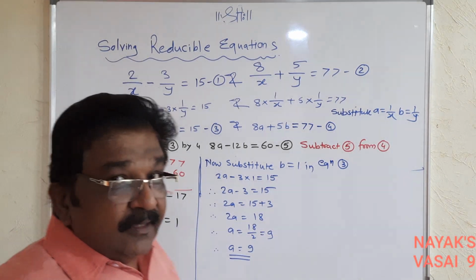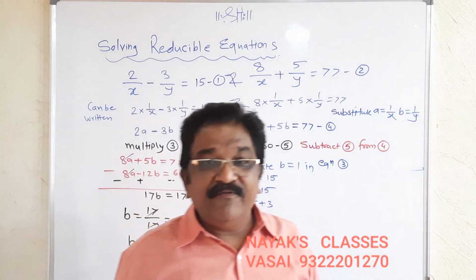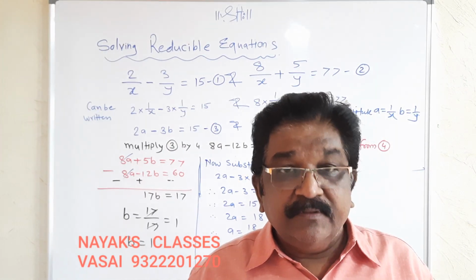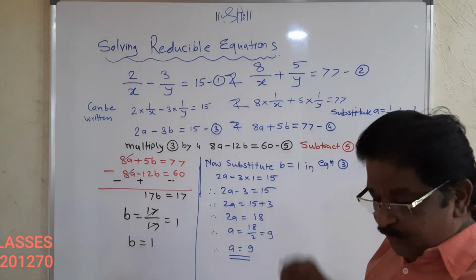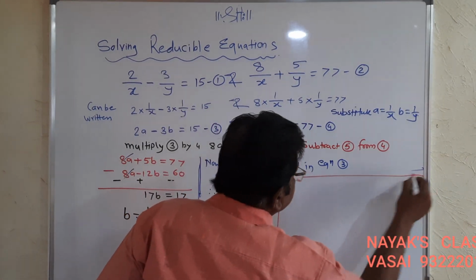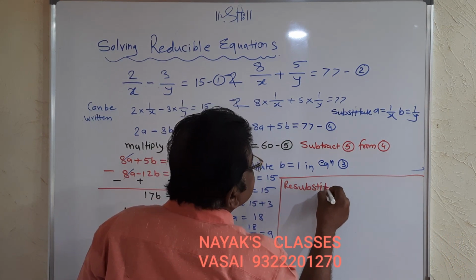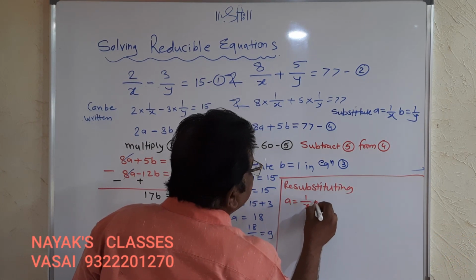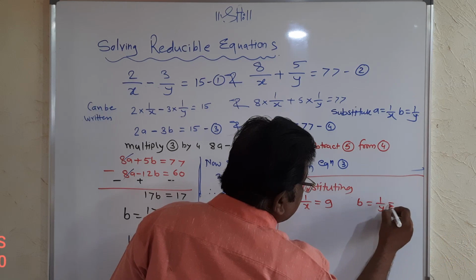Correct? These are the values of a and b, and we have to find the values of x and y. So again we have to resubstitute the values. a is equal to 1 upon x is equal to 9, and b is equal to 1 upon y is equal to 1.